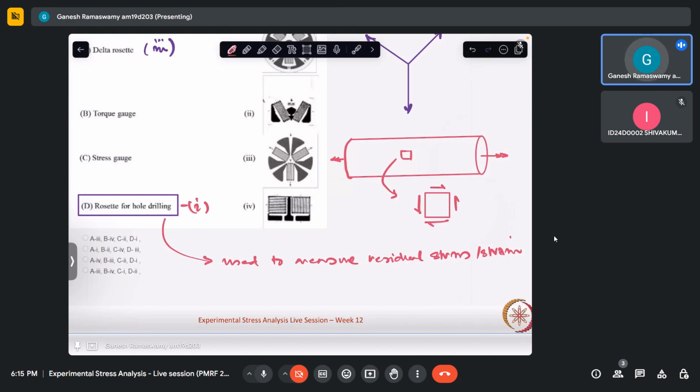Now, if I were to transform this into another coordinate system, this can be treated as a combination of tension and compression of equal magnitude as that of the shear stress. So this will lead to a tension here and a compression here. We know that these are the principal stresses and they are orthogonal.